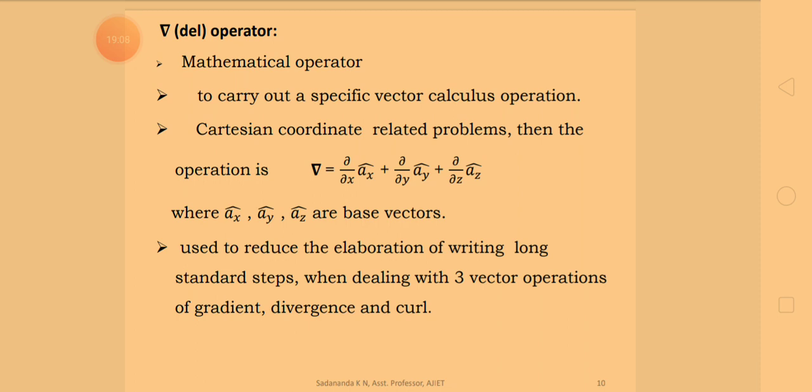This del operator simply reduces the elaboration of writing long standard steps when we deal with vector operations such as gradient, divergence and curl. This operator del, in fact, has the properties of vectors.